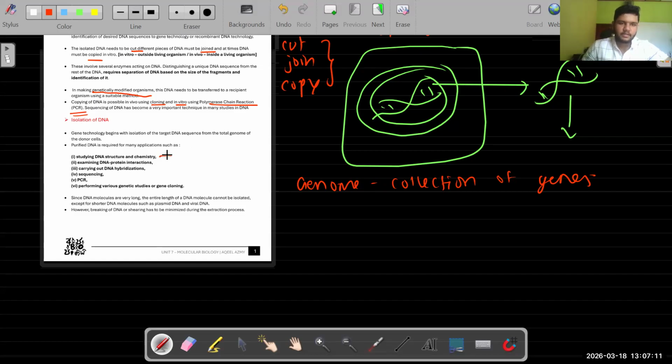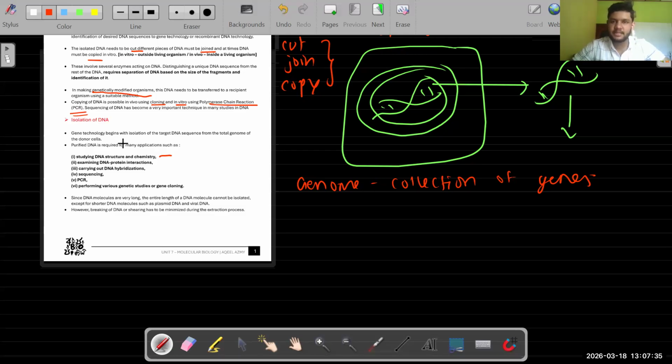You might think this is how James Watson and Francis Crick said that DNA is a double helical structure. Do you agree with me? So DNA isolation can be used in studying the DNA structure and chemistry.